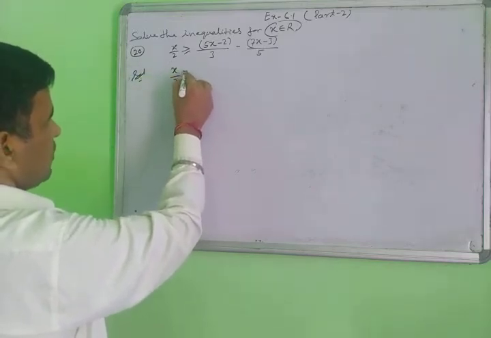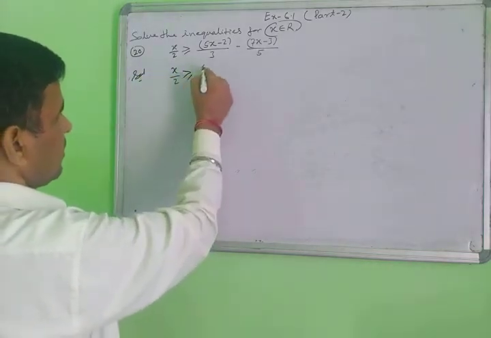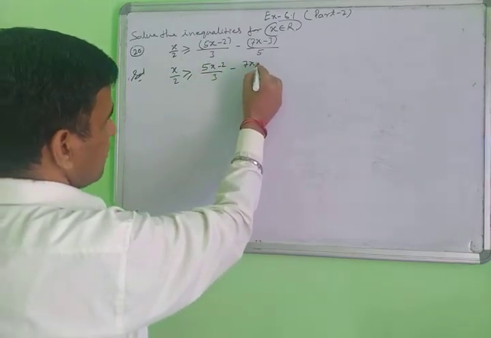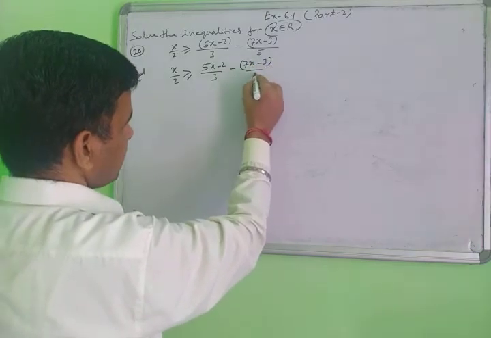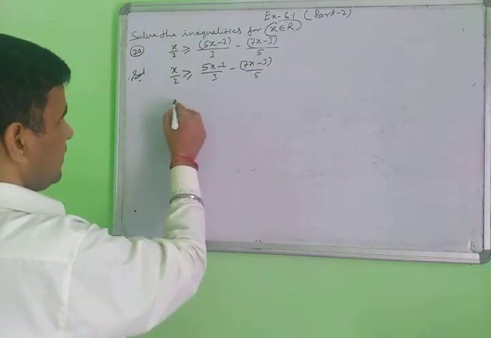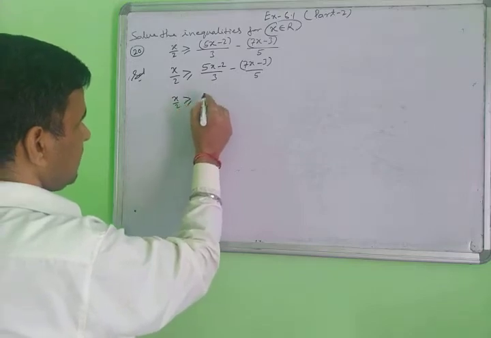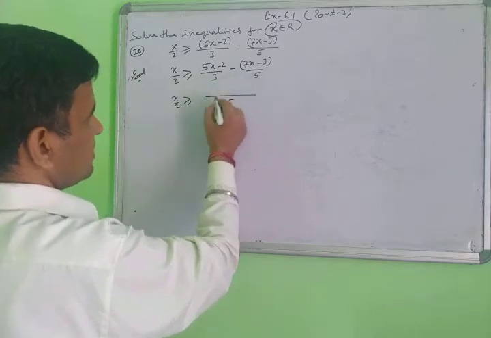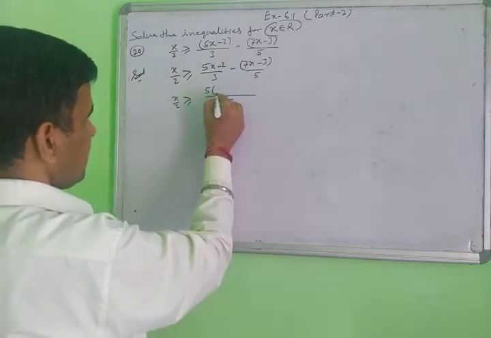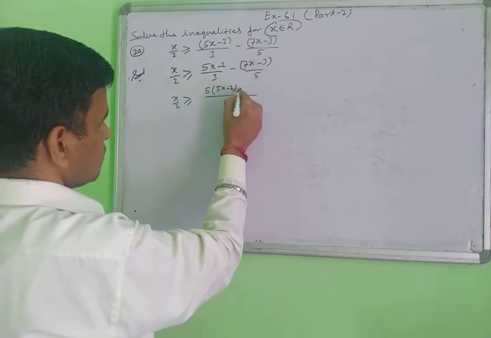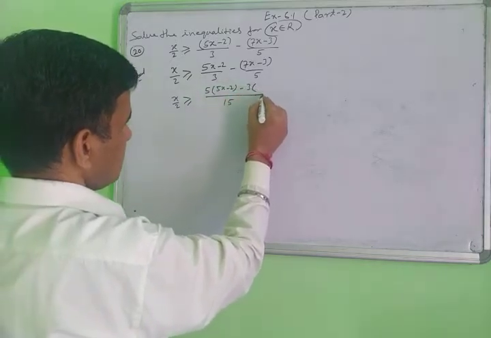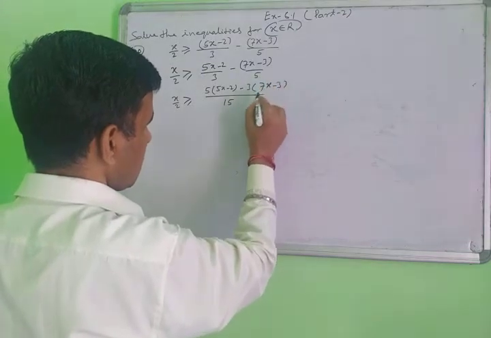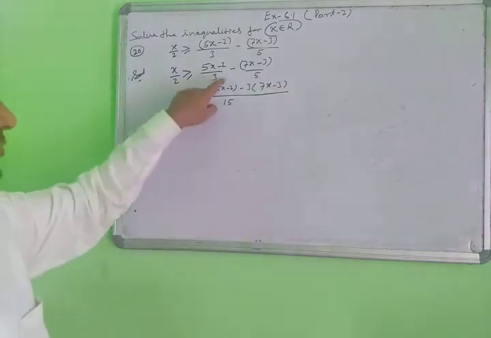First of all, the solution. x upon 2 greater than or equal to (5x minus 2) upon 3 minus (7x minus 3) upon 5. Taking the LCM here: what LCM over here? 3 and 5, LCM is 15.